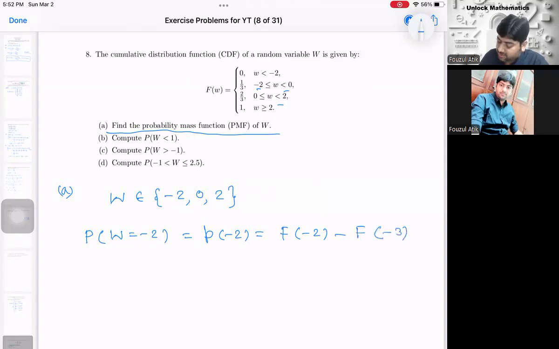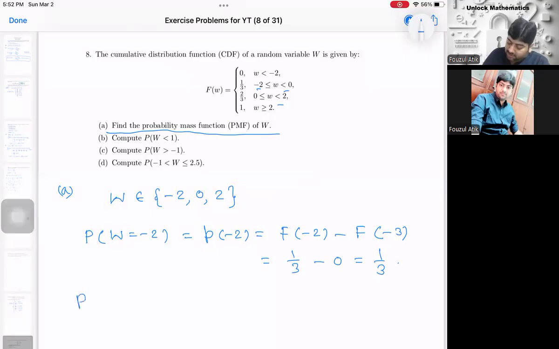F of -2 is 1 by 3. F of -3 is 0. So this jump height is 1 by 3. So at the point -2, we got P of W equal to -2 as 1 by 3.